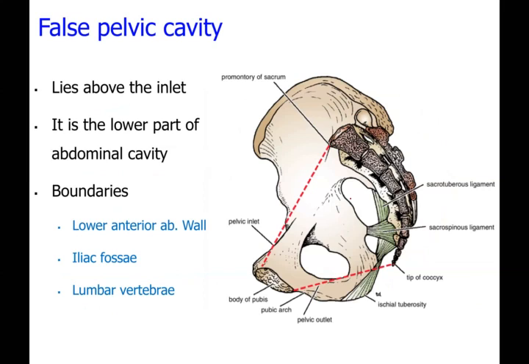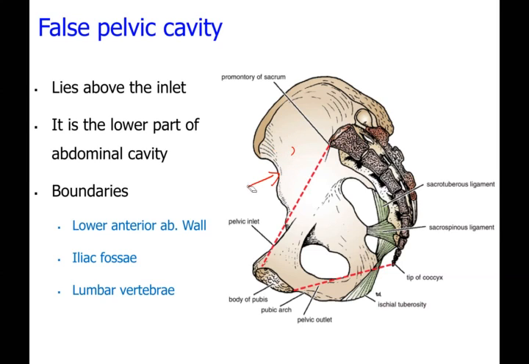Then the pelvic cavity has two components. There is a false pelvic cavity and a true pelvic cavity. Now, the false pelvic cavity is the pelvic cavity that lies above the pelvic brim. That is that area. Above the pelvic brim, you get false pelvic cavity.